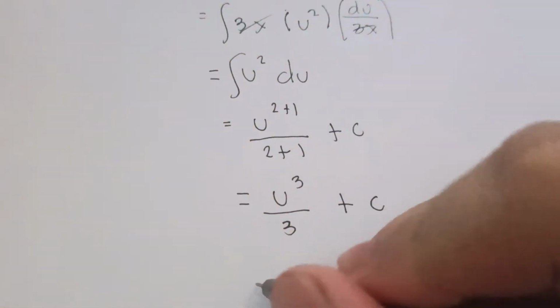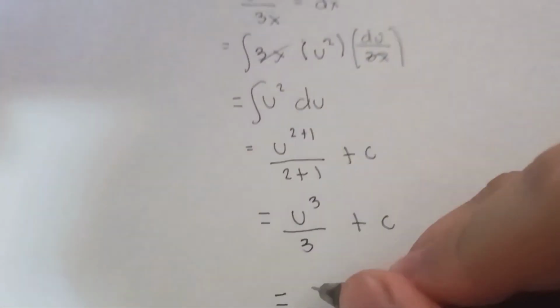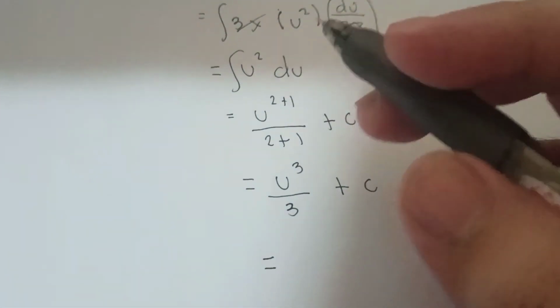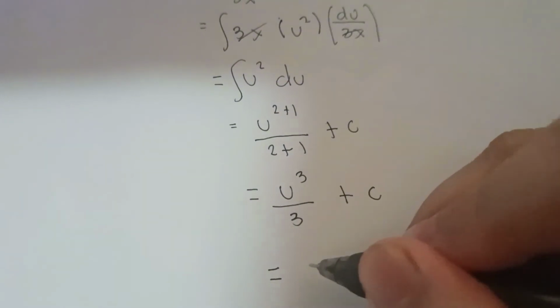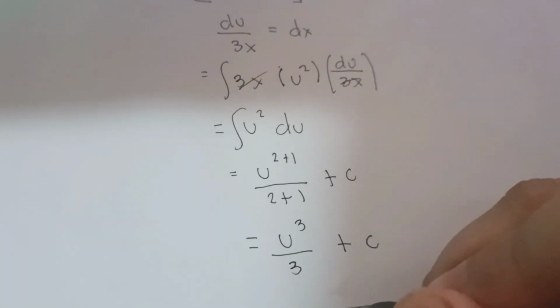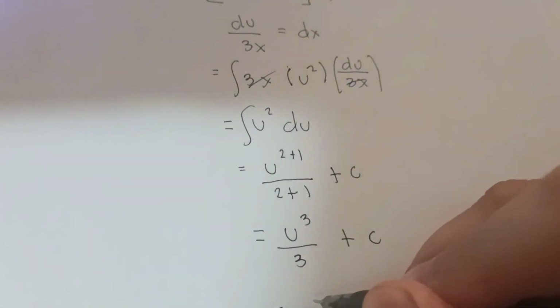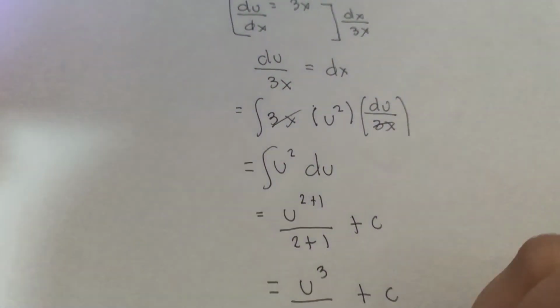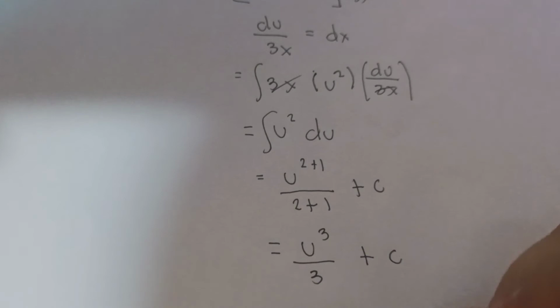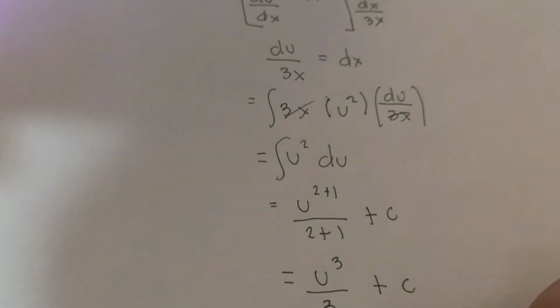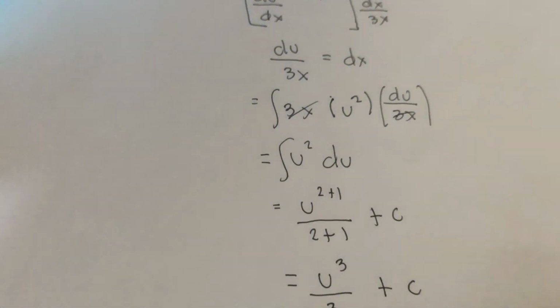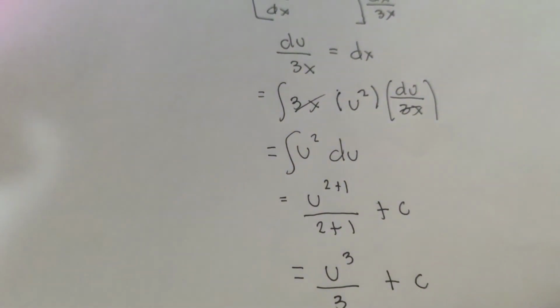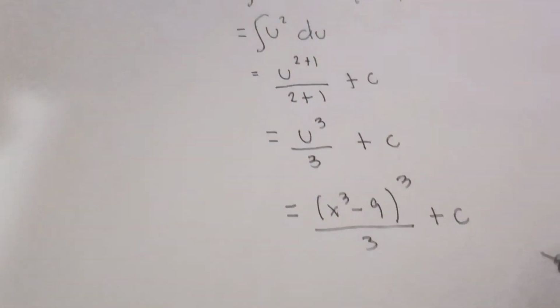Now what we need to do is substitute back what we substituted before, which is x cubed minus 9. So it's gonna be x cubed minus 9 over 3 plus c, and there we go, our final answer.